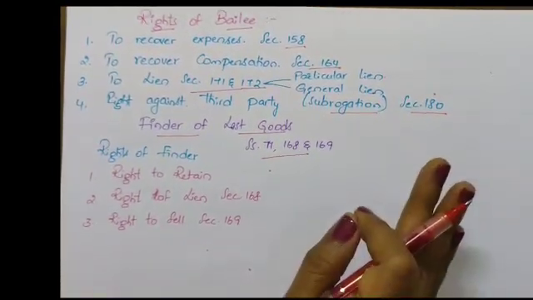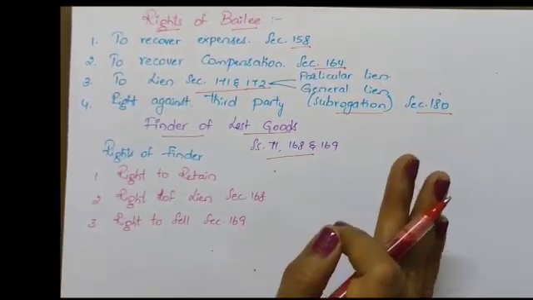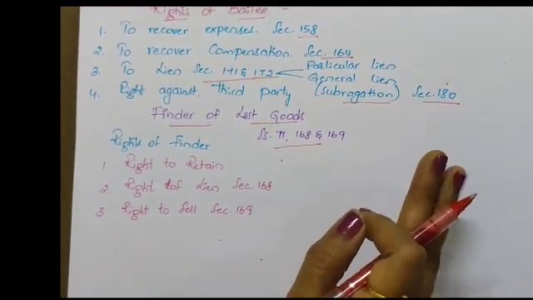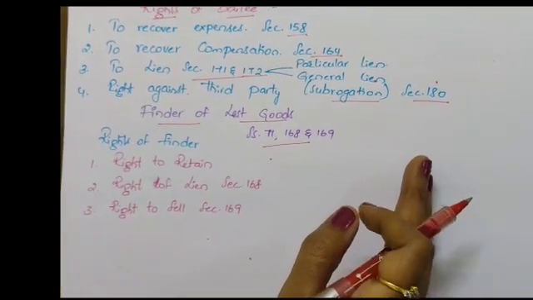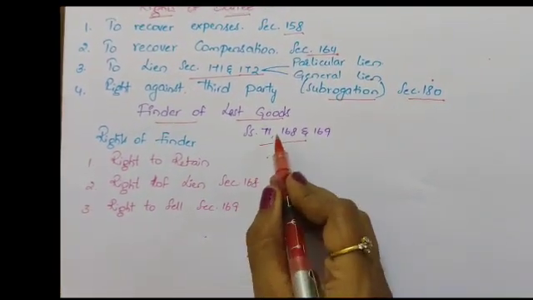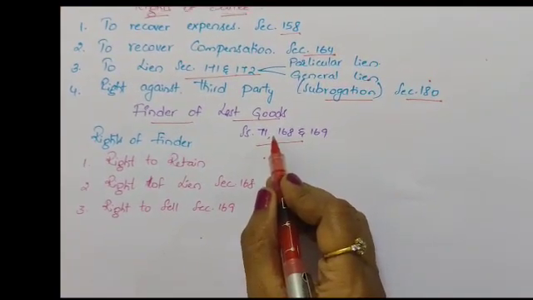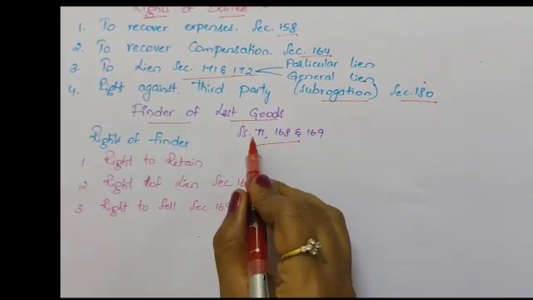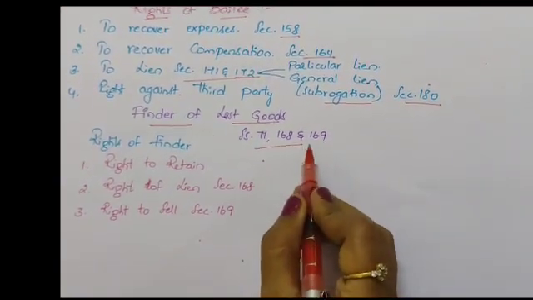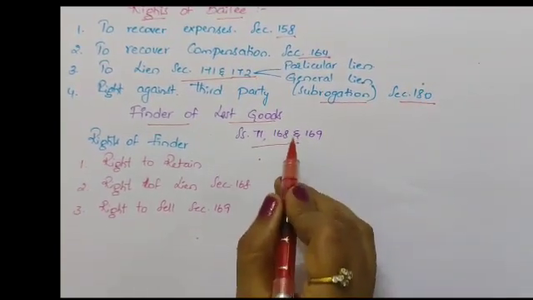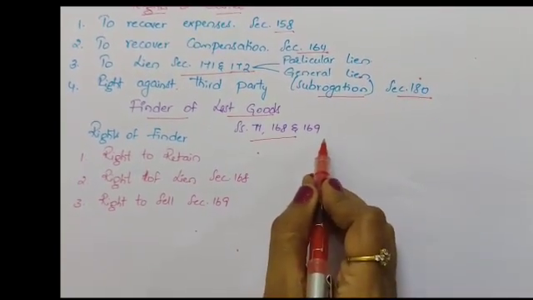If he does not do so or misappropriates the goods, he is subject to civil and criminal liability also. The finder of lost goods has to make necessary efforts to find out the real owner. He can dispose of the goods if they are of perishable nature and pay the amount to the real owner after deducting the lawful charges.